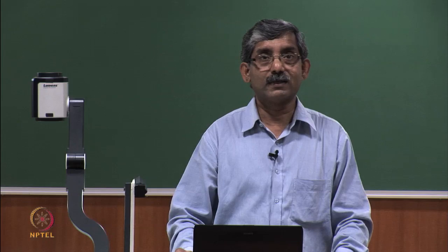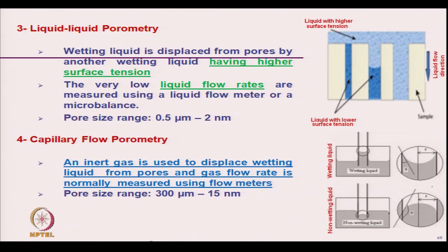Third technique is liquid porometry. As the name implies, here we use two different liquids. In this picture, two liquids are shown, one is in dark color. This dark color is the liquid with lower surface tension.